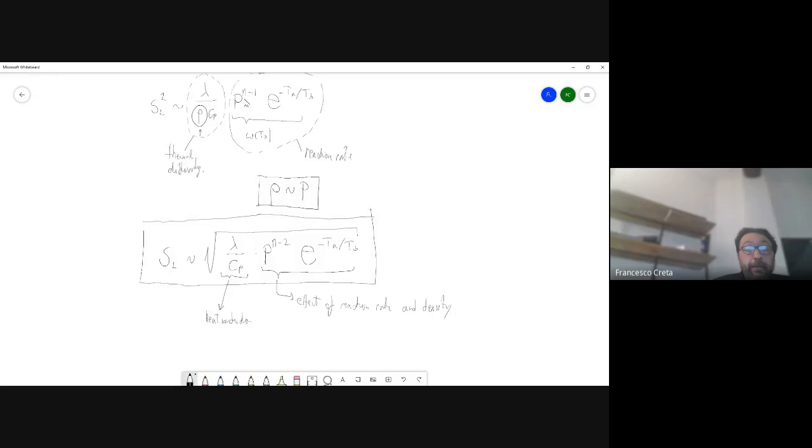So again, an effective heat conduction, okay, an effect of reaction rate and temperature. Look at also this term here, okay.